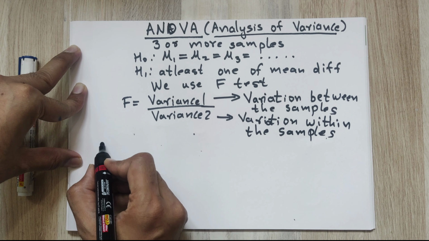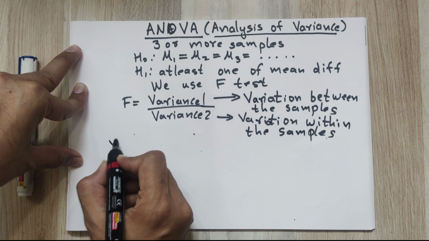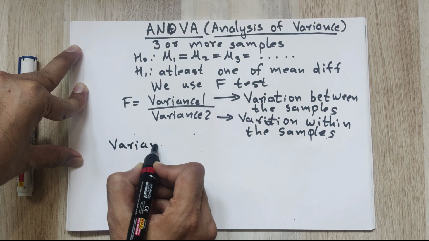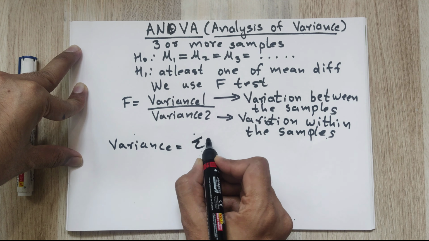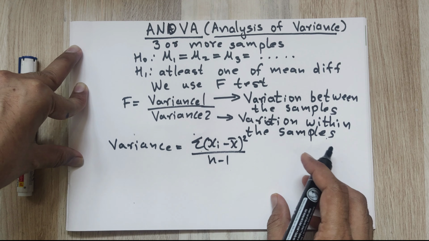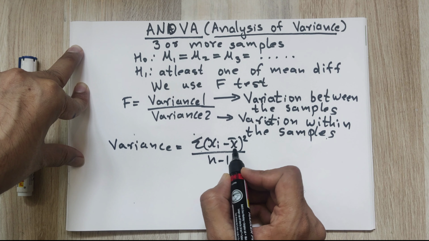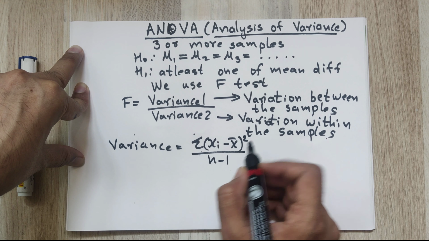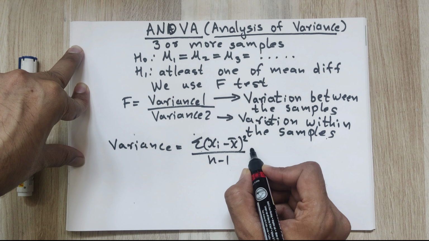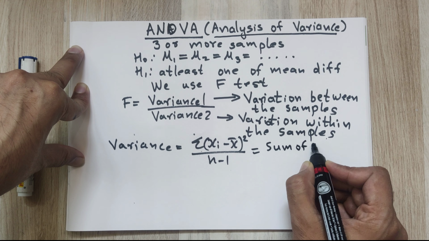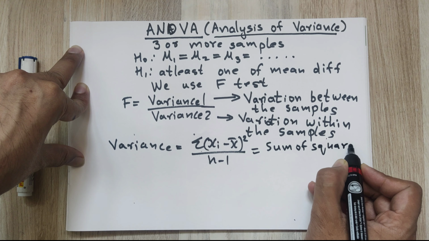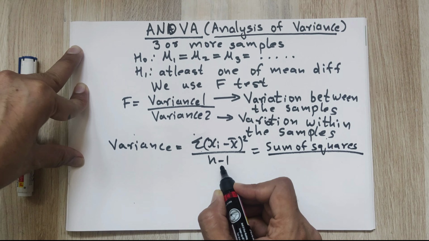Now, if you remember, the formula for calculating the sample variance is summation xi minus x bar square upon n minus 1. In this formula, the numerator is just the sum of squares, and the denominator is n minus 1.